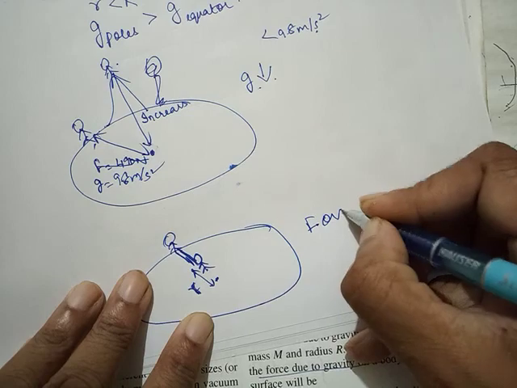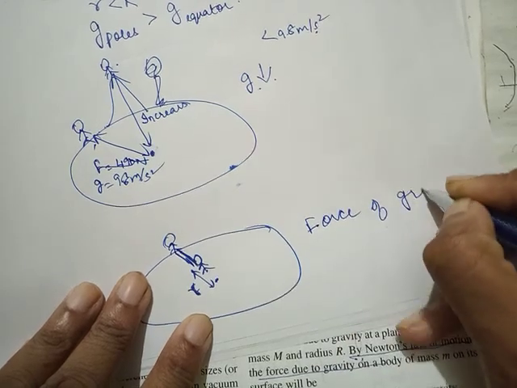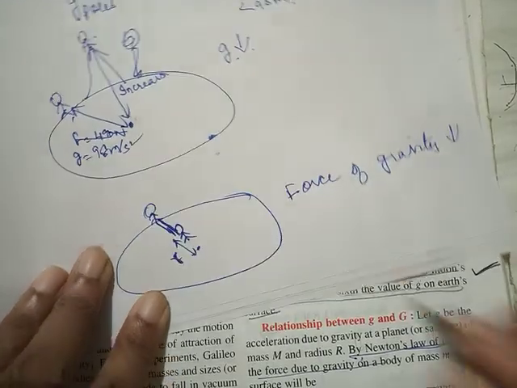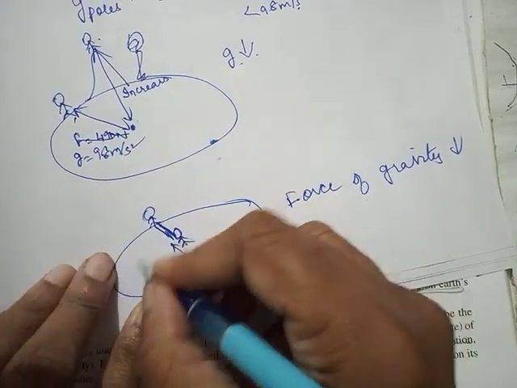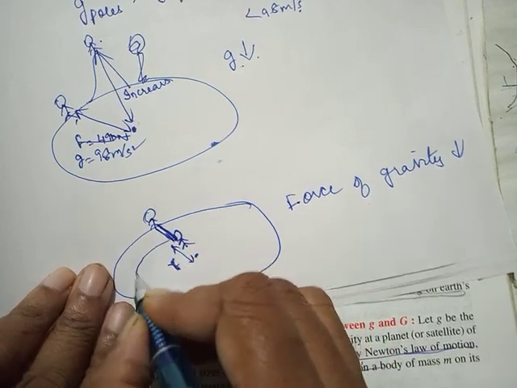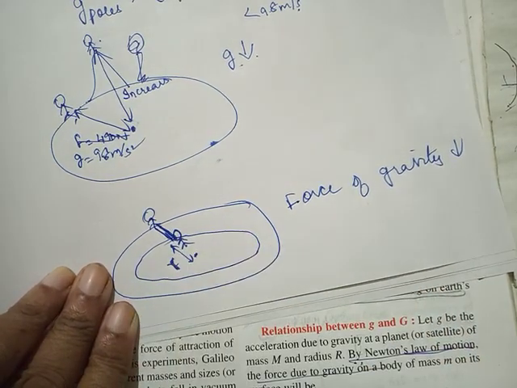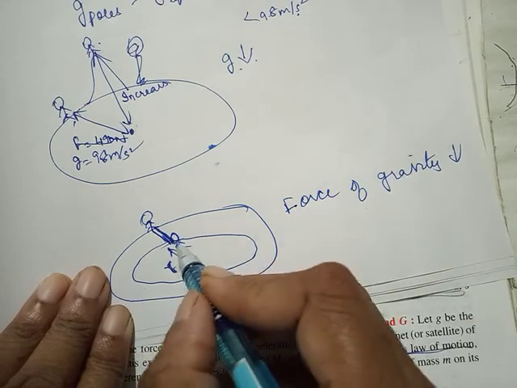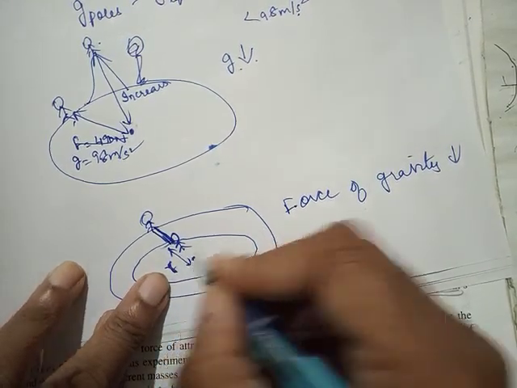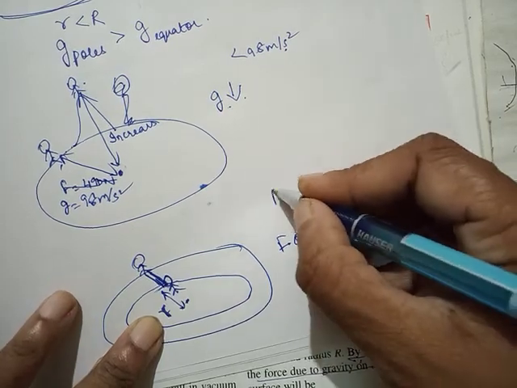But the force of gravity again decreases. That's because the mass will also change, because when he is here, you should only consider this much mass of Earth, not the whole mass of Earth. So though r is decreasing, accordingly mass will also decrease.